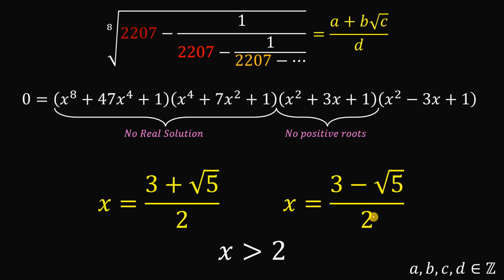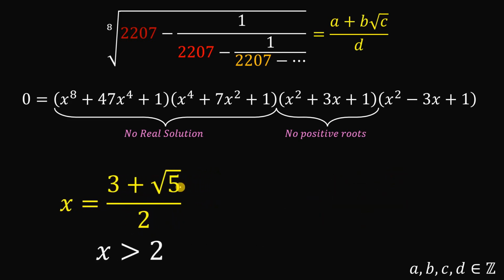Now, for 3 minus square root of 5 over 2, the square root of 5 is 2 point something, so 3 minus 2 point something is about 0 point something over 2. So this number is less than 2, or simply less than 1. Therefore, the value that we need is 3 plus square root of 5 over 2.